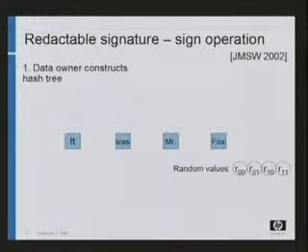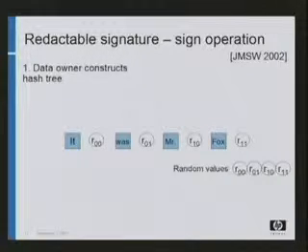Imagine you have a very simple document with just 4 words. Each word is a subdocument, a component of the document. Now, we want to construct a Merkle hash tree. The data owner constructs a Merkle hash tree based on the document, and then signs the root hash, which will be used as a proof for the user to verify the integrity later on.